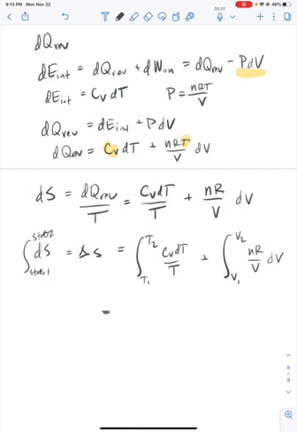And so then this will give us, when we do this integral, CV ln(T2 over T1) plus nR ln(V2 over V1), okay, is the change in entropy.